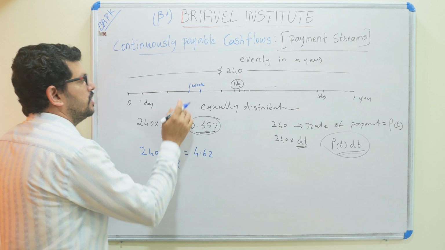And if I take 1 month, how much will it be? 240 multiplied by 1 by 12 is 20.